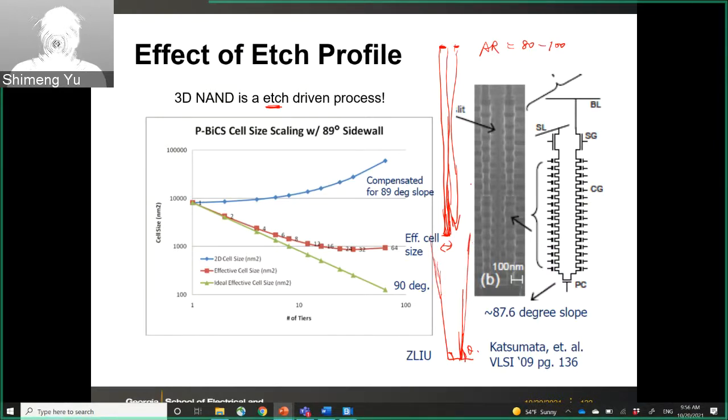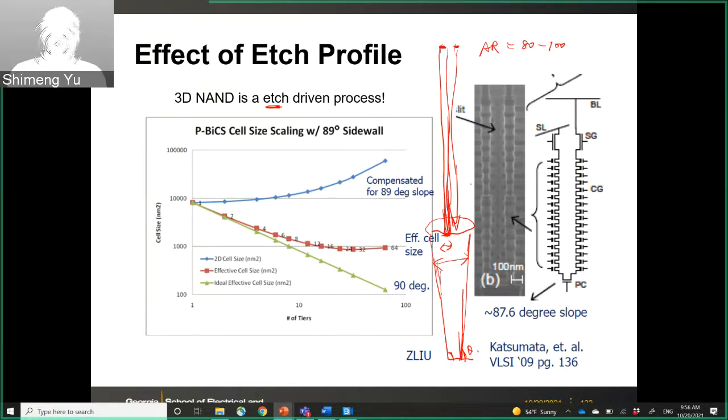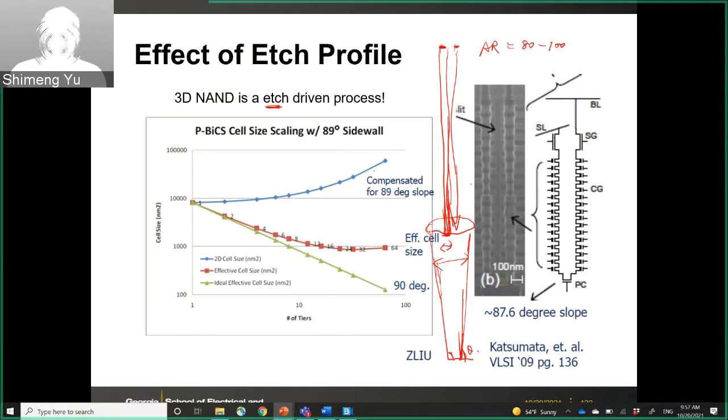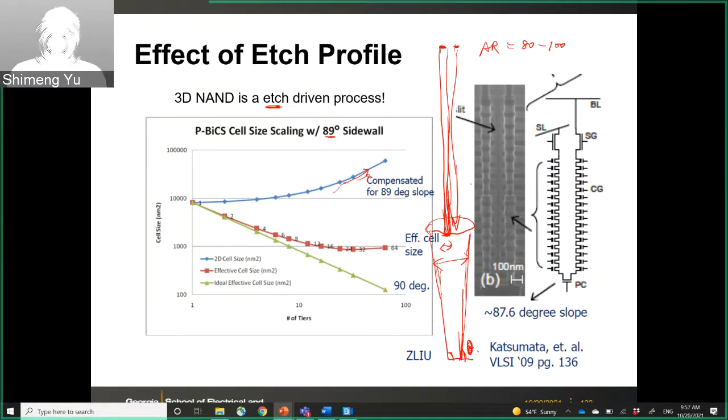If you stack more tiers, on the top you have to pay for more additional lateral space. Then not necessarily the more tiers you stack, the smaller each cell equivalently is. So if you cannot make this very vertical, then you will not win here, as we show. If you have only an 89-degree sidewall in terms of the etching, it's very difficult to make it very vertical.